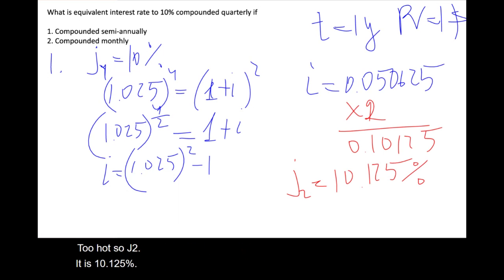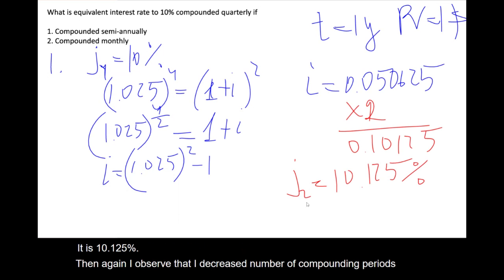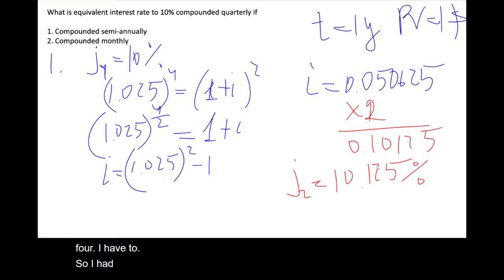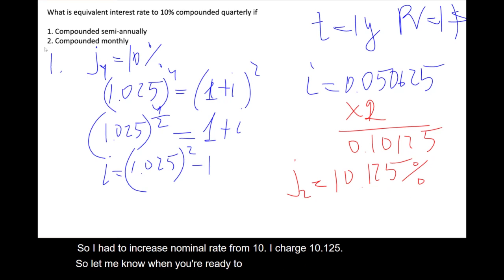And again, I observed that I decreased the number of compounding periods. From 4 I have 2, so I had to increase the nominal rate. From 10 I charged 10.125. Okay, so let me know when you're ready to continue to the next page and question 2.